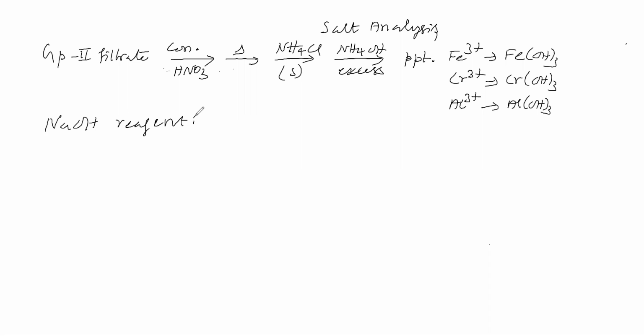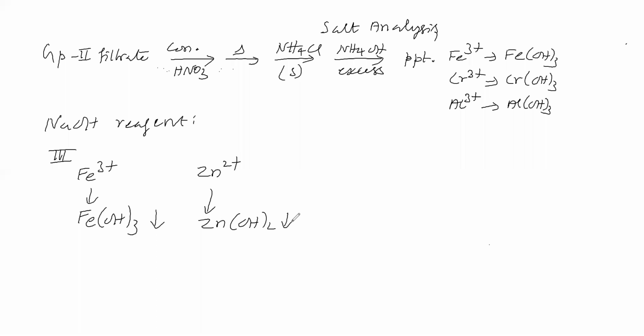So we have come to group 3. Group 3 cations precipitate with sodium hydroxide as hydroxides. Group 4 cations also precipitate with sodium hydroxide.